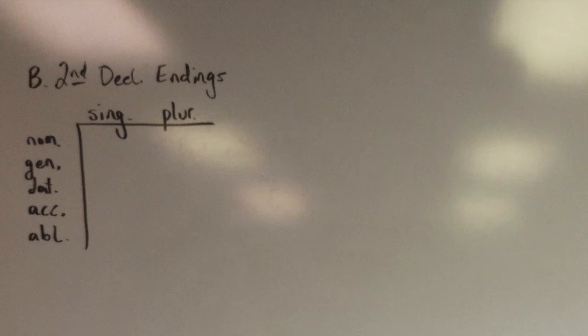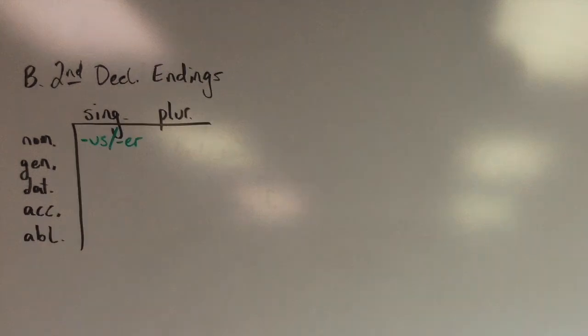And now, let's write down the second declension endings. In the nominative singular, we'll see either -us or -er depending on what the vocab entry tells us. So for instance, for the word deus, dei, masculine, God, we'll use -us for the nominative singular, while in ager, agri, masculine, field, we'll use -er for the nominative singular.